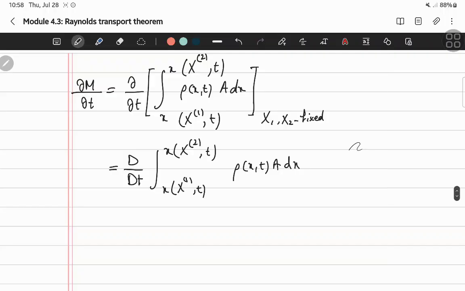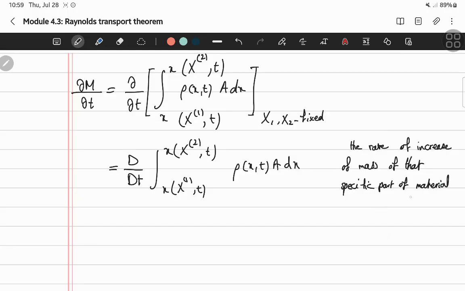So you have to be careful again here that this is the rate of increase of mass of that specific part of material that coincides with the fixed control volume at time t.